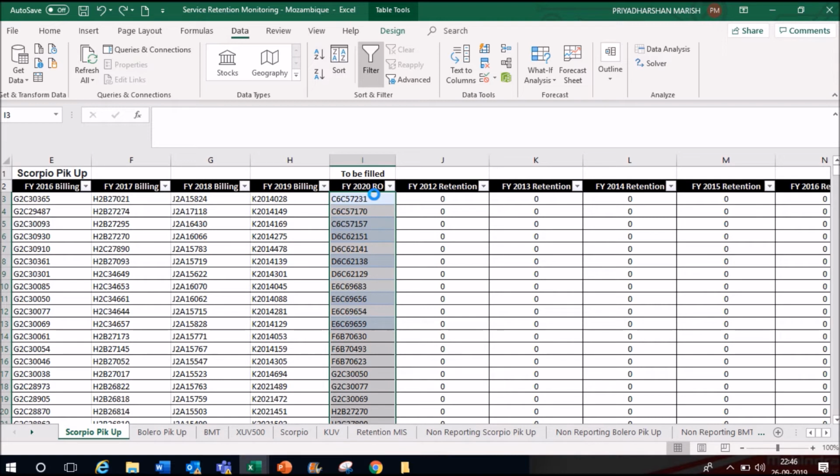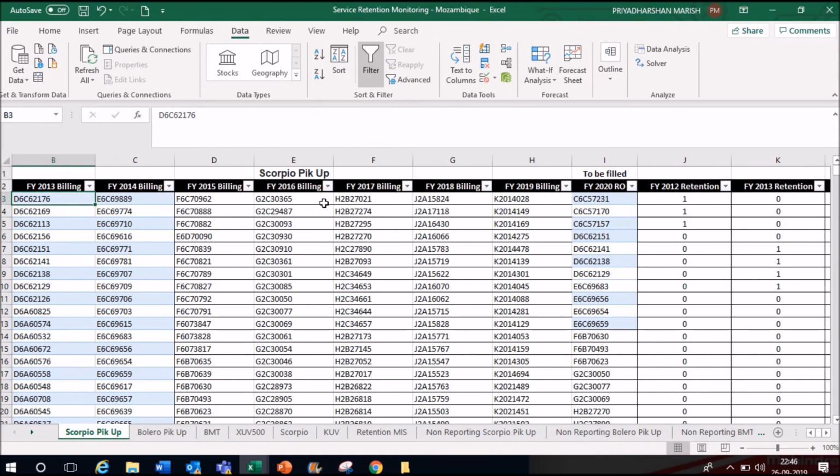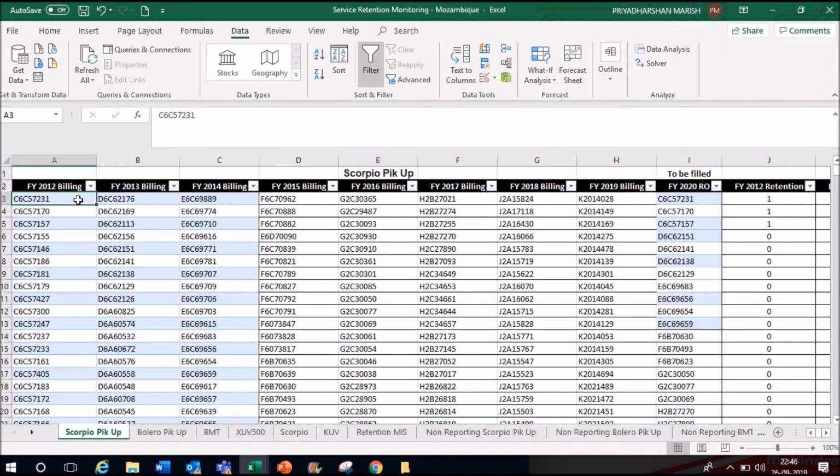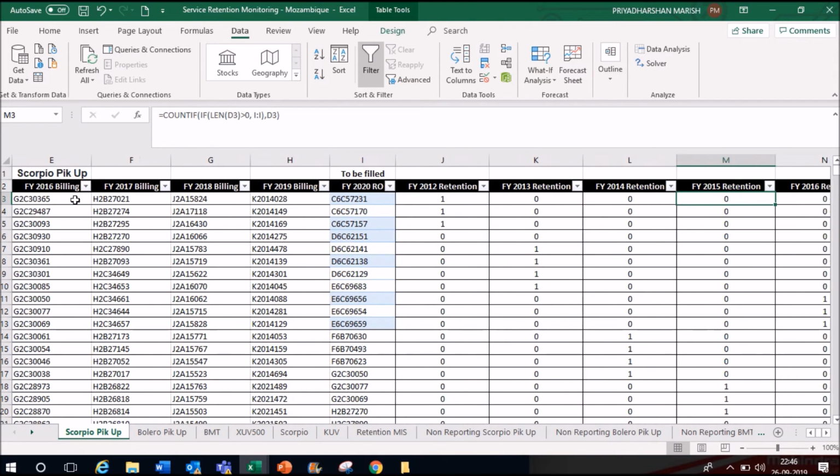The calculation is going on and the retention pops up. So this one represents how many times this particular VIN of 2012 reported in the period of the first 6 months of FY 2020. So likewise, the calculations happen by themselves.